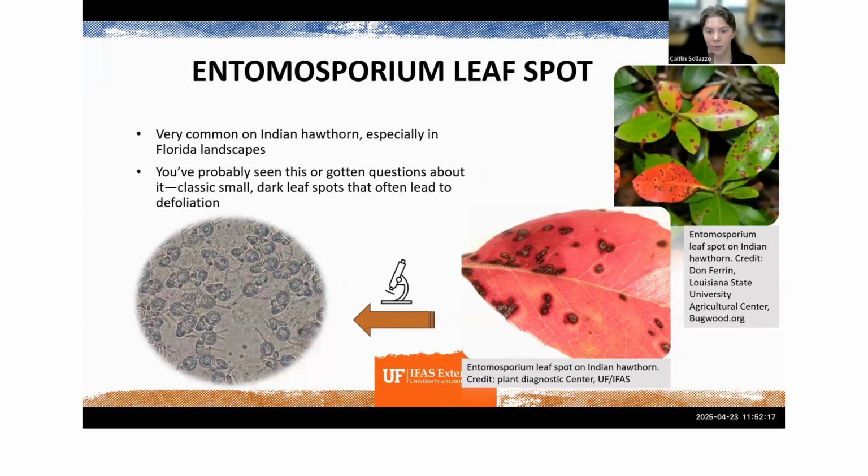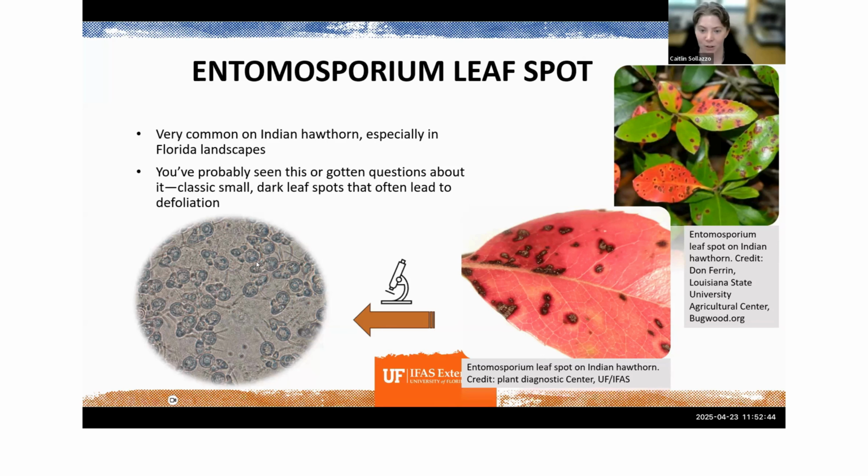All right, so I don't have much to say about Entomosporium leaf spot. You'll see this everywhere. It's on Indian hawthorn. So as a pathogen, it's not very common. The only time I've ever heard of Entomosporium was on Indian hawthorn. I've never heard it on anything else. But what I will say is it has very, very cool spores. If you see here, this is them under, again, a light microscope.